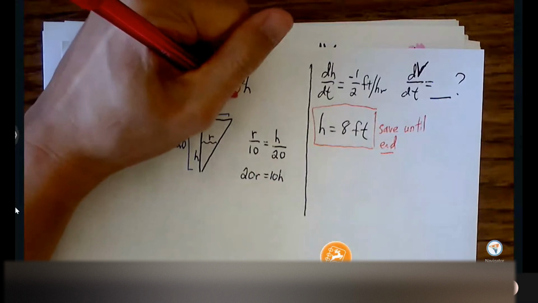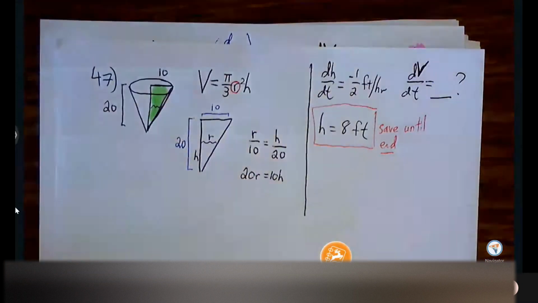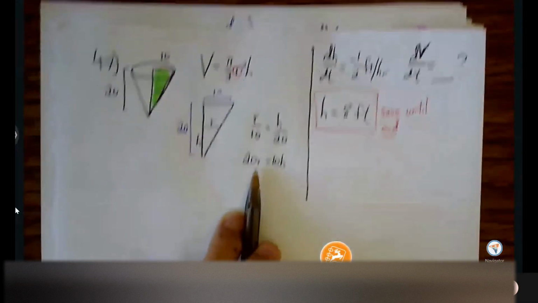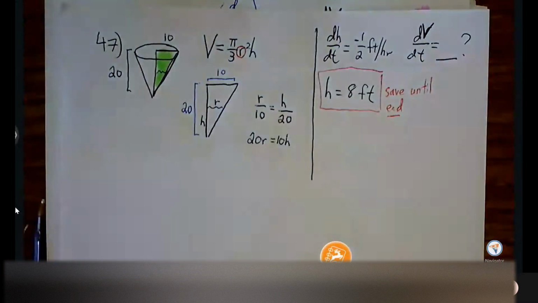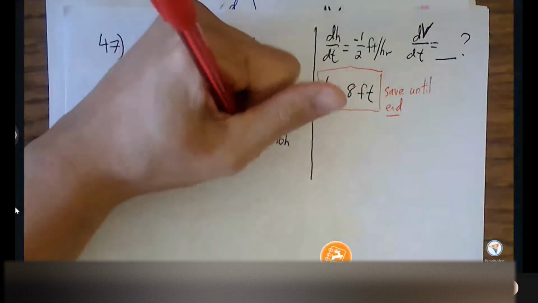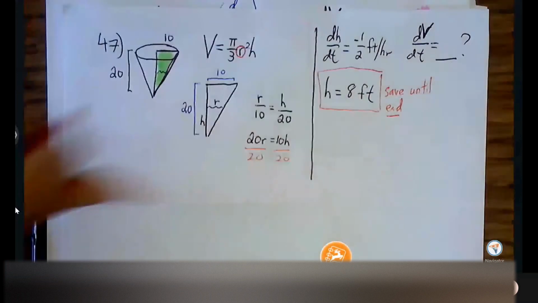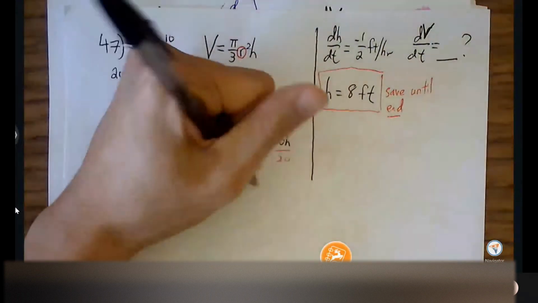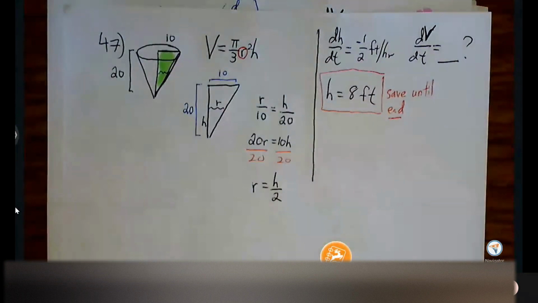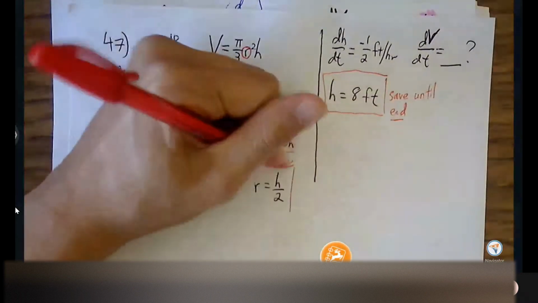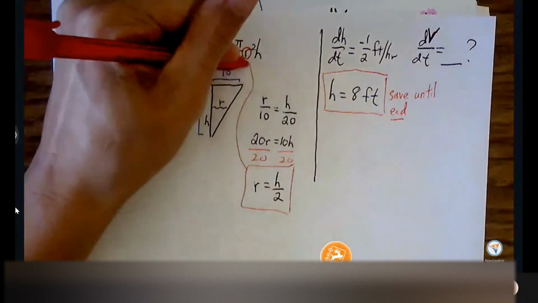We want the r to be replaced. So I'm going to solve for r here, so I can replace that r. Divide both sides by 20. So this is going to go in place of r.